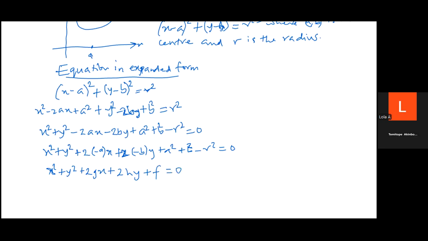Where, now what can you say about the preceding line and this line? You can see that this minus a, I have substituted g for it. This minus b, I have substituted h for it. So this implies that g equals minus a, h equals minus b, and f equals a squared plus b squared minus r squared.